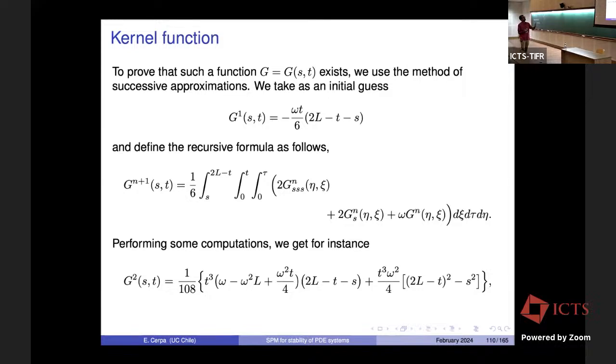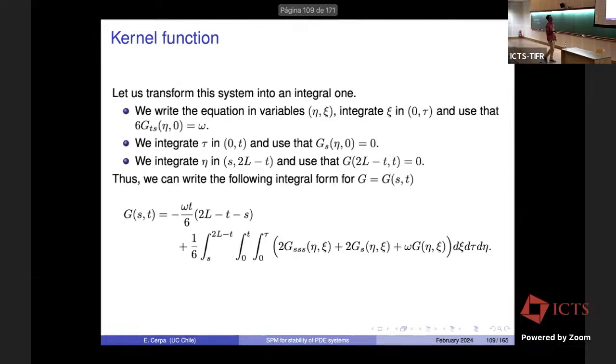You start guessing that the function is, let me go back one second, this term comes from the term here without integrals. You start with that, and then you update your guess using the integral part.